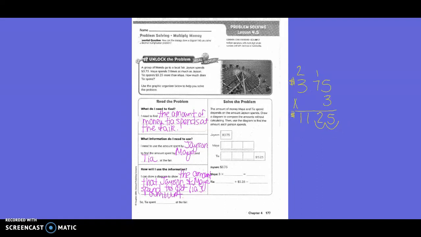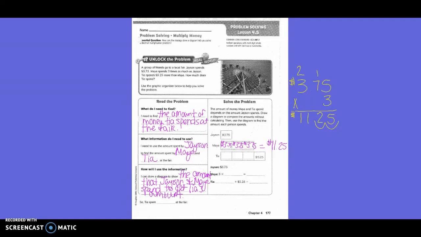So we need to put 375 in here, right, guys? 3 times. And then that got us what for our total? $11.25. And then what would we put in Tia's? She did all of what Maya got, and then she also did plus the 525, right?